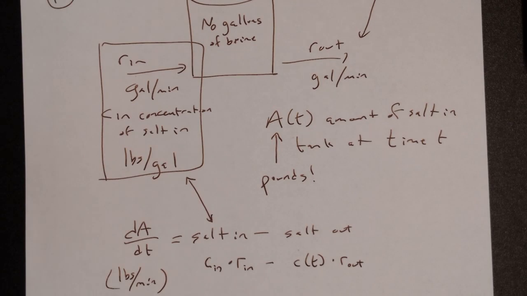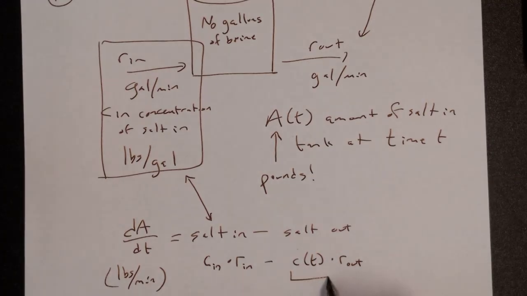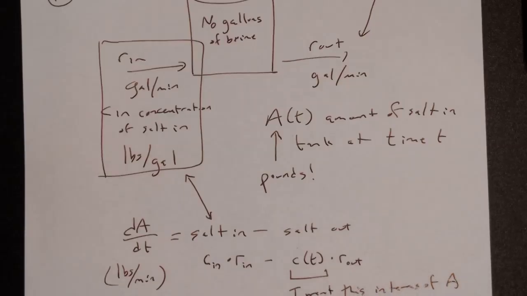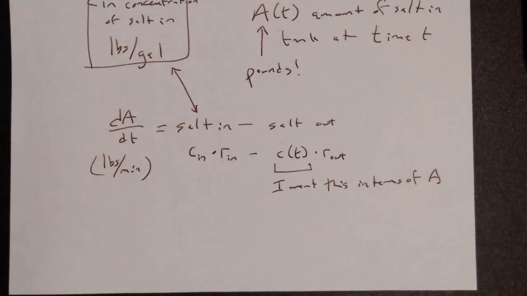But this is in C. And this is in A. And that's not helpful if they're two different variables. I really would much rather have that as A, not C. Okay, wait a minute.